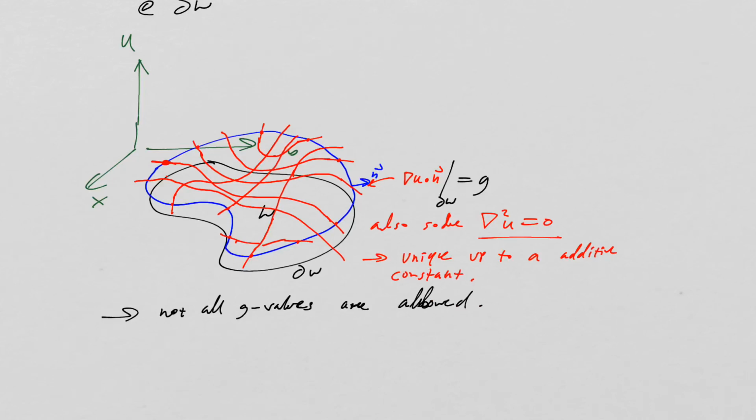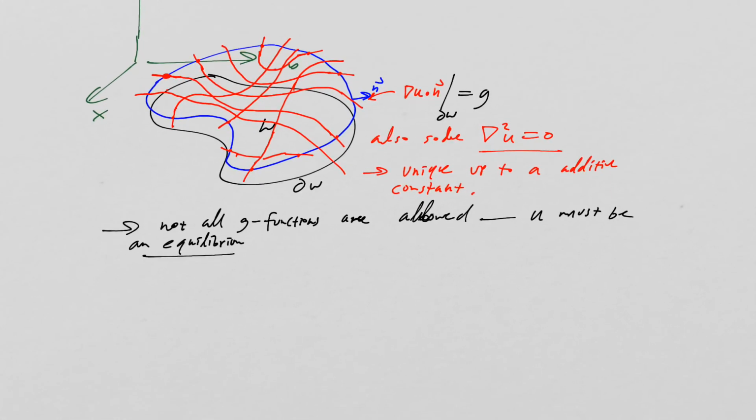Not all g, I shouldn't say values, I should say functions. It has to be subject to a special condition. And again, the idea here is that u must be an equilibrium.